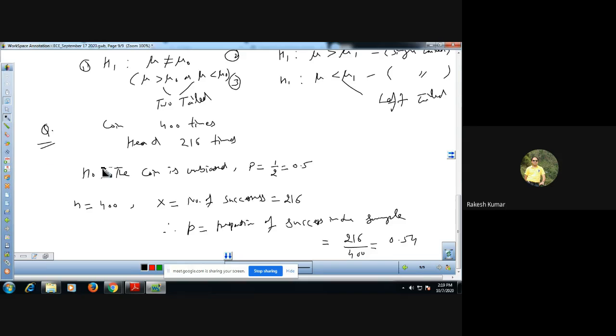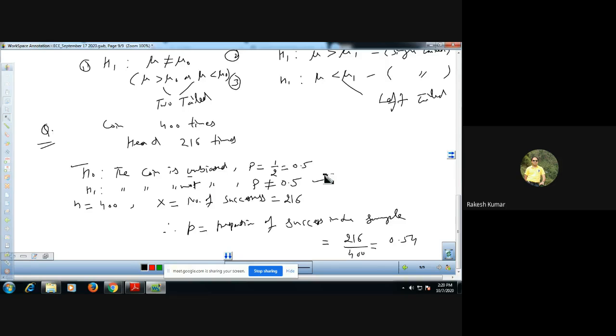And we also write down the alternative hypothesis. This is the null hypothesis. The null hypothesis should always be written as a positive statement, and this means the coin is unbiased. We are not biasing it so that it comes head again and again, or tail again and again. We are taking an unbiased coin. Then the alternative hypothesis is the coin is not unbiased. So if the coin is not unbiased, it means its probability is not 0.5.